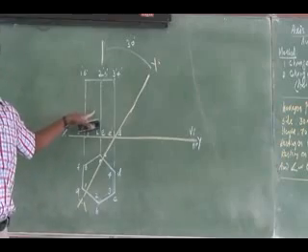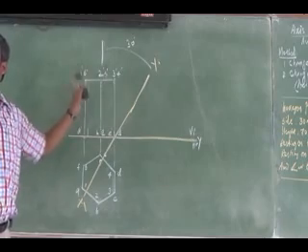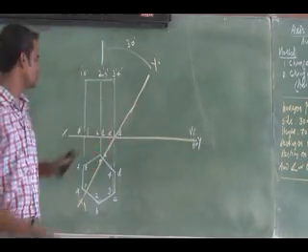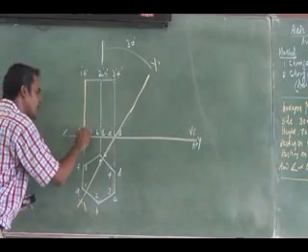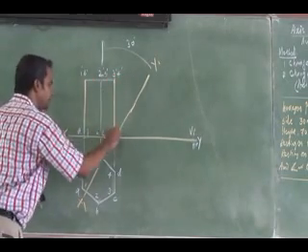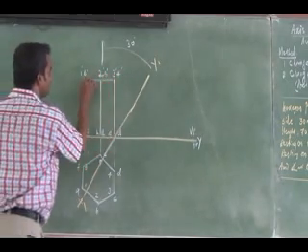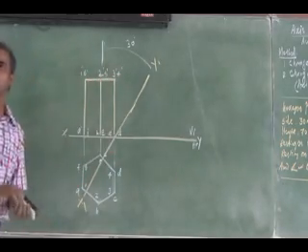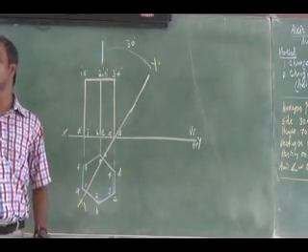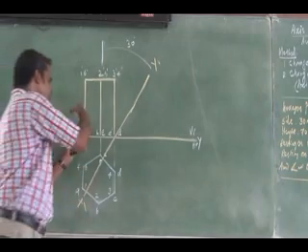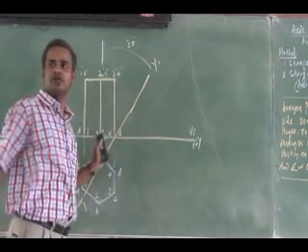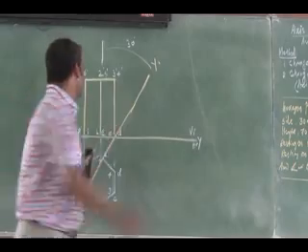So which is going to be my final front view now? I haven't redrawn the front view changes. So this is going to be my final front view as it is. I can darken the final front view. Now I have to draw the final top view. So for the final top view, all the corners should be projected perpendicularly to the new reference line.